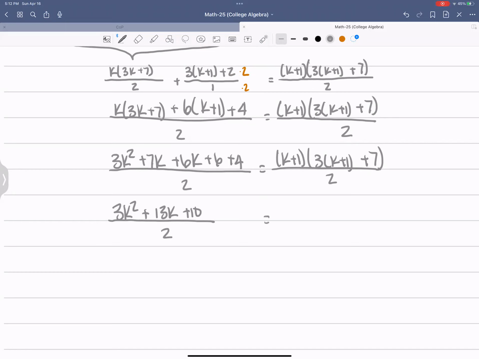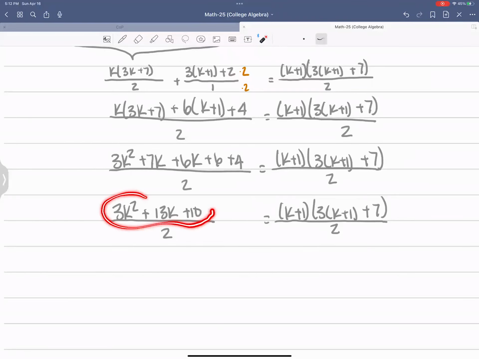And this should be equal to k plus 1, 3 times k plus 1 plus 7 over 2. Let's factor this inside part. So with 3 and 10, factoring that into two numbers that multiply to 30 but add to 13. Looks like it's going to be 10 and 3.